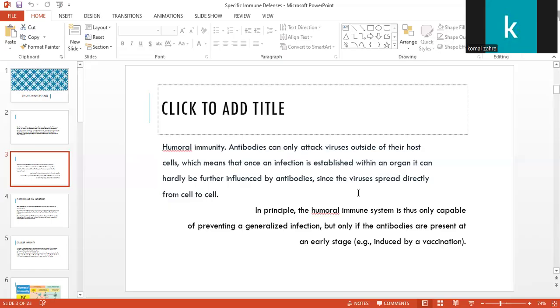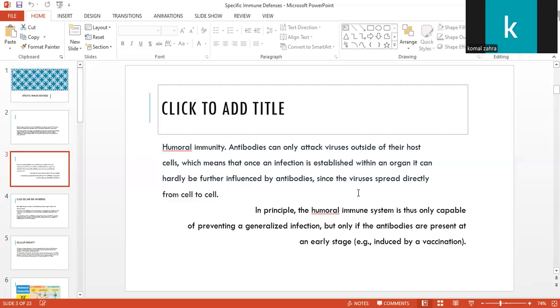And then the other immune system becomes activated. Since viruses spread directly from cell to cell, it is difficult for humoral immunity to act when the virus spreads this way.